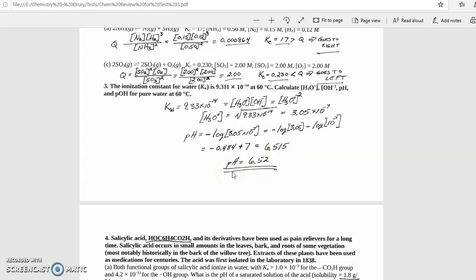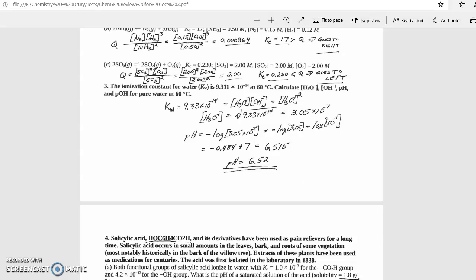The pOH is just going to be 14 minus this number, okay? So this right here is the concentration for both the hydronium ion and the hydroxide ion. This is the pH, and the pOH, I didn't write it down here, but it's just 14 minus this right here, okay? So it's not going to be 7. It's going to be a little bit above 7. 7.48 is what it's going to be.